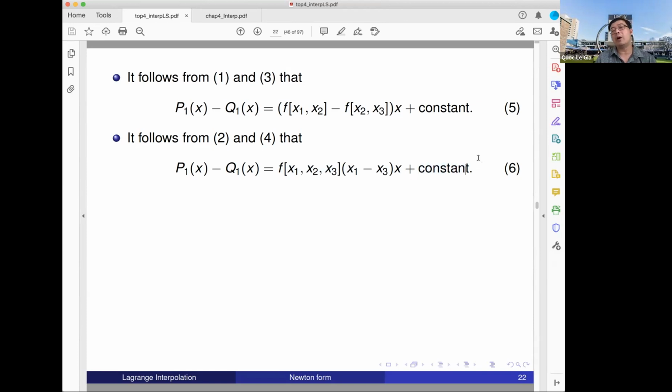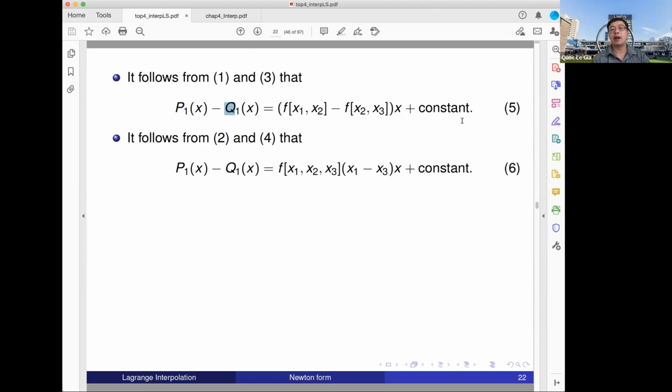Now we don't have to worry about the constant, because we have P1 minus Q1 on the left of 5 and P1 minus Q1 on the left of number 6. So they are the same polynomial. More than that, they are linear as well, because P1 is just a line, Q1 is just a line.